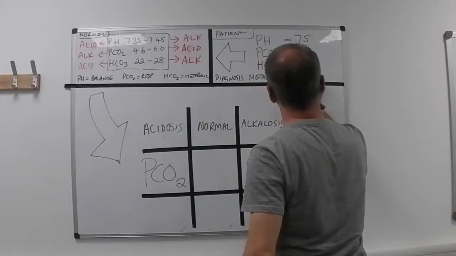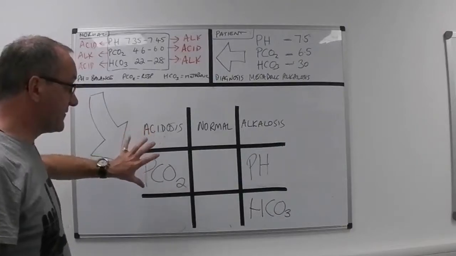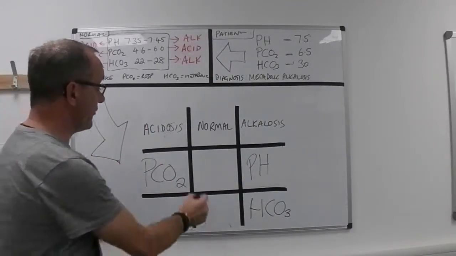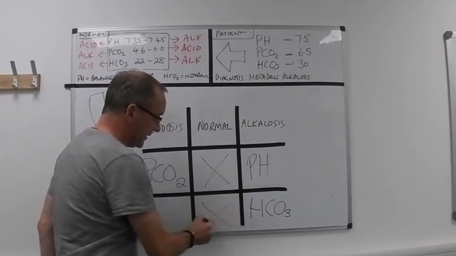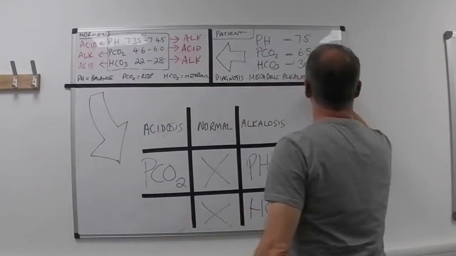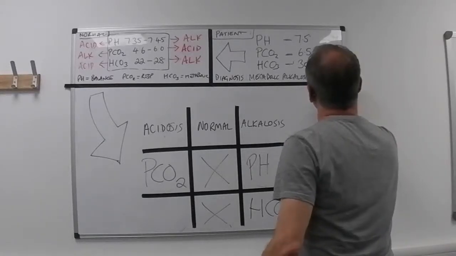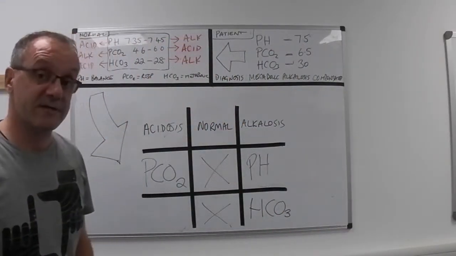And because we see that the PCO2 is trying to fix that, and none of them are normal, this is abnormal and is trying to compensate, it becomes a compensated metabolic alkalosis.